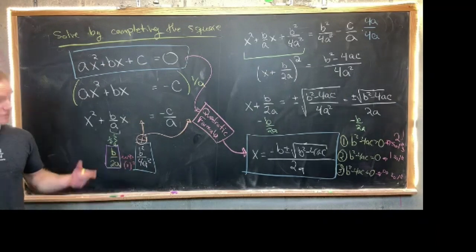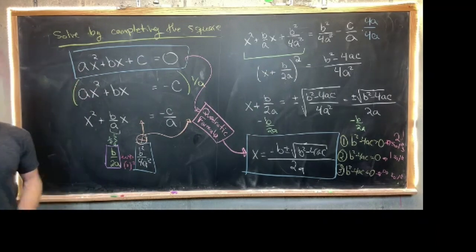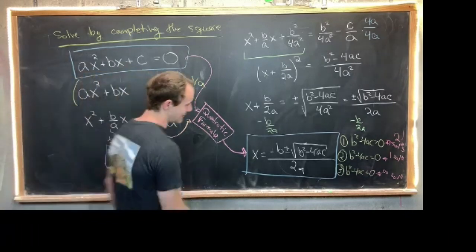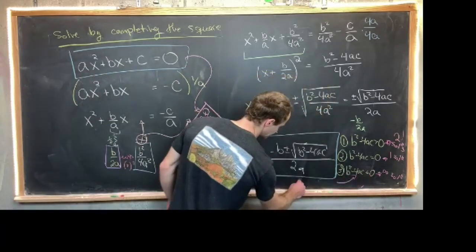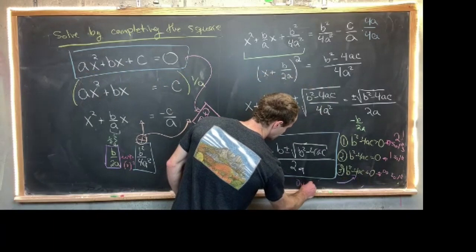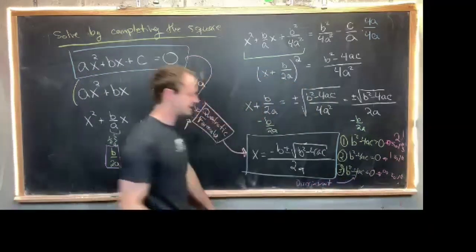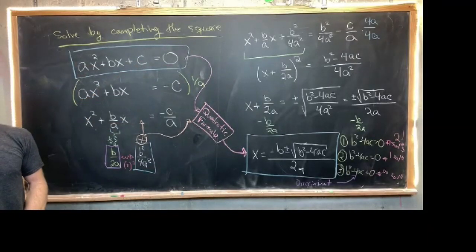And then, by the way, we'll use this maybe kind of offhand. It'll be useful to know a word for this b squared minus 4ac object, and it's called the discriminant. So the discriminant of this quadratic polynomial is b squared minus 4ac.